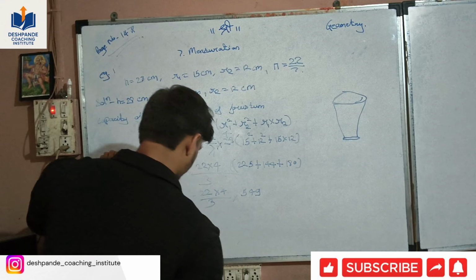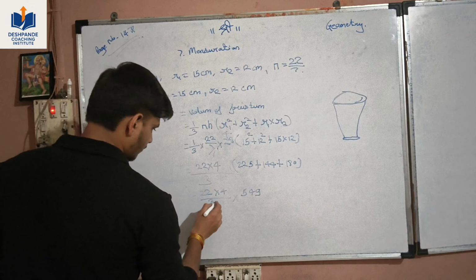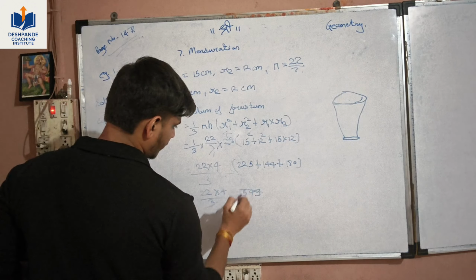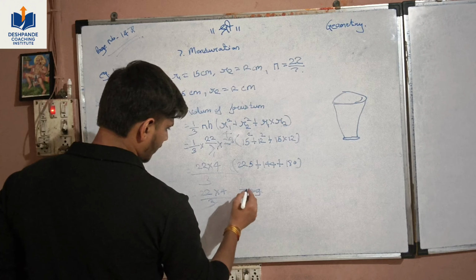So 3 is getting cut by 549. 3 ones are 3, remaining 2, 24. 3 sevens are 21, 3 eights are 24, and 3 threes are 9. So it will be 22 into 4 into 183.